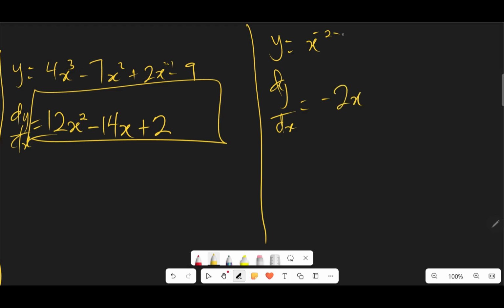Then I subtract 1 again from the power, so minus 2 minus 1 gives minus 3. So we are going to get minus 2x raised to the power minus 3.